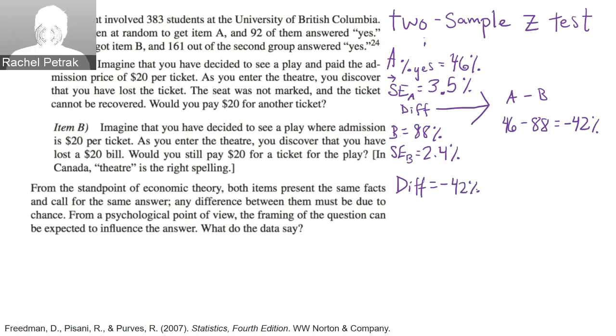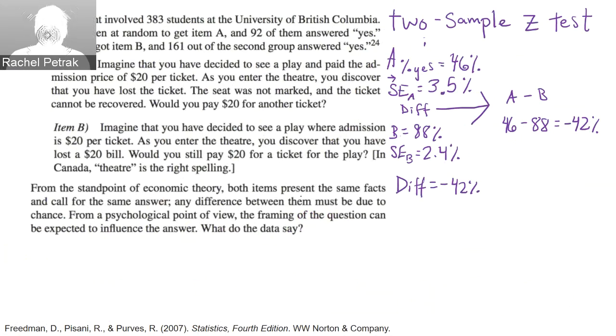Now, negative 42%, we know that's not a valid percent, but it is in the context of this test because it's just a sub feature of the test. We also need to get our standard error, and we can compute it through our standard error formula.